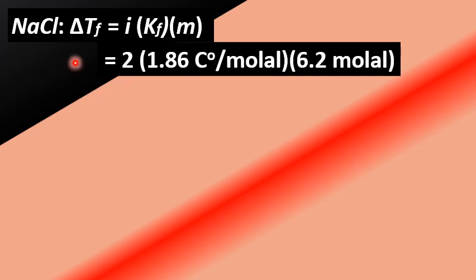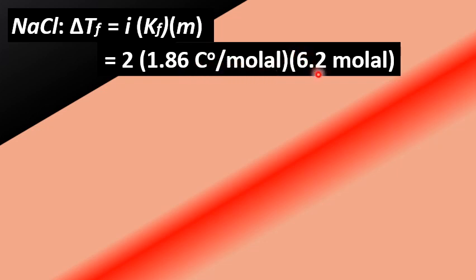So, the van't Hoff index, small letter i, of sodium chloride is equal to 2 because it has two ions when it dissociates in water, the sodium positive ion and the negative chloride ion. So that's 2. And then the molal freezing point depression constant for water is equal to 1.86 Celsius degree or Kelvin per molal.